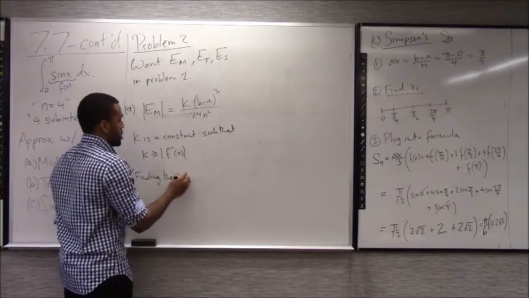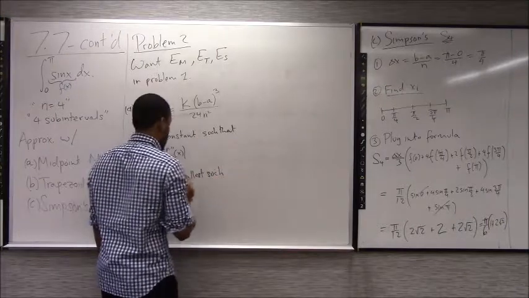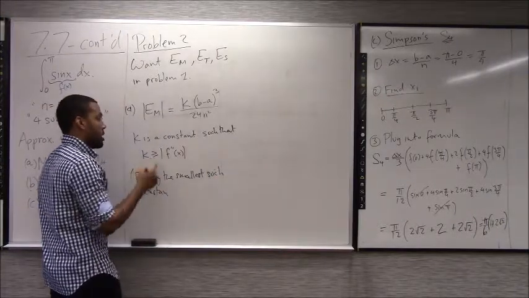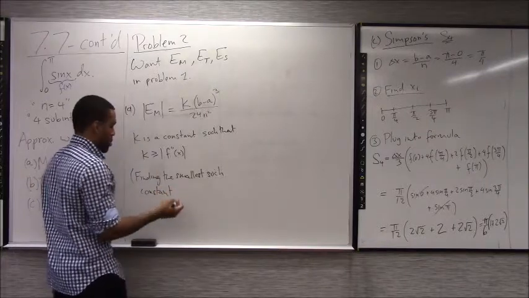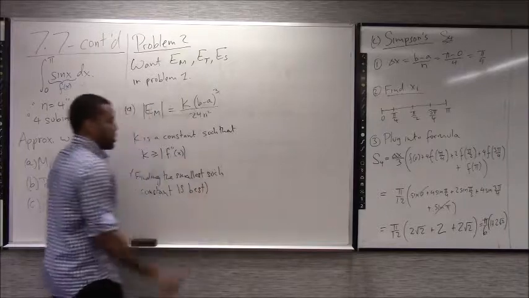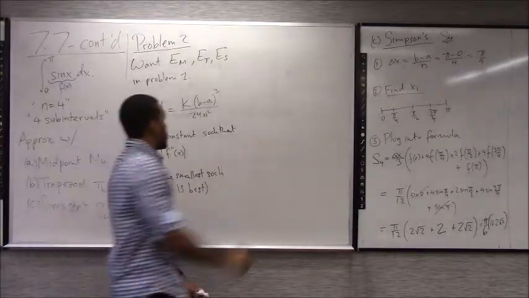Finding the smallest such constant is best. But of course, if you find a constant that's less than that, that's bad. That means it won't work. Let's look at how to actually do that. So this would be the error for the midpoint rule.